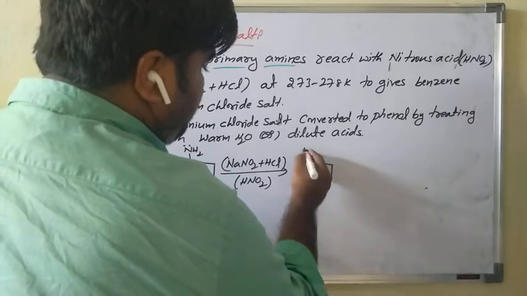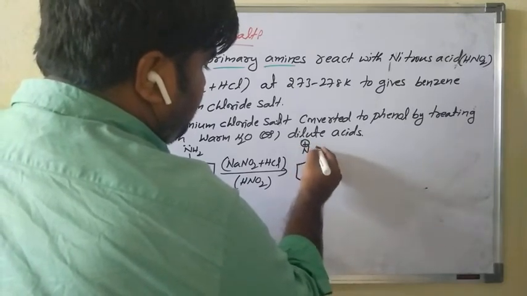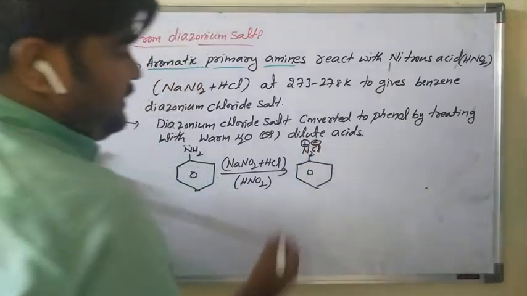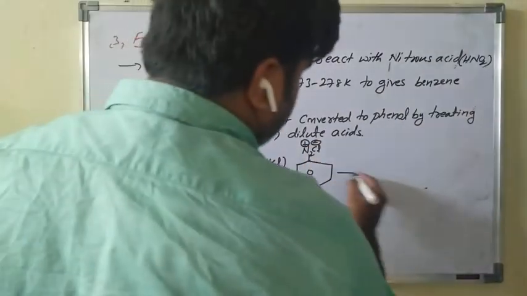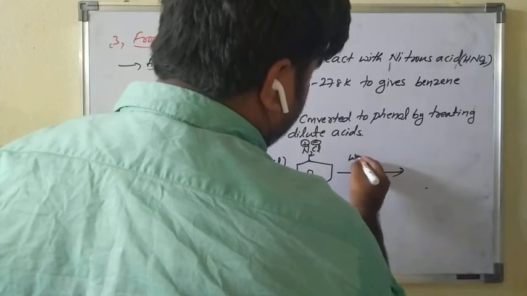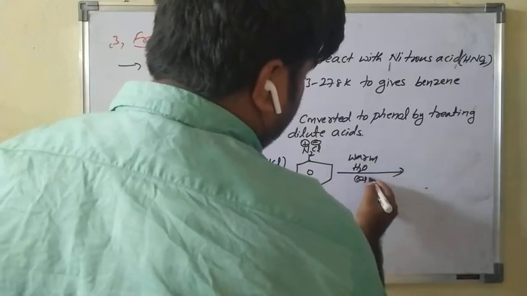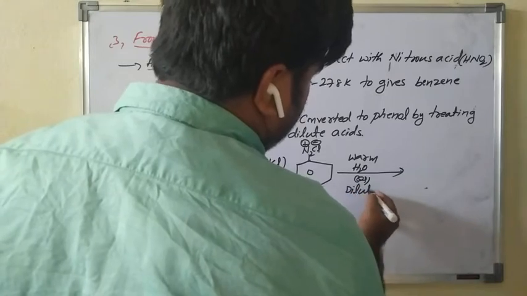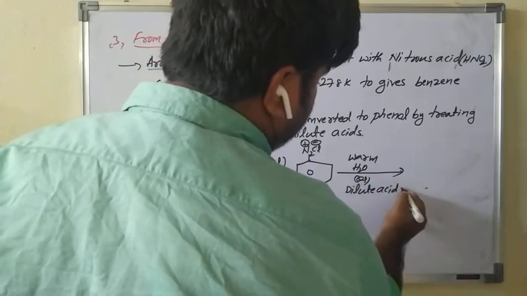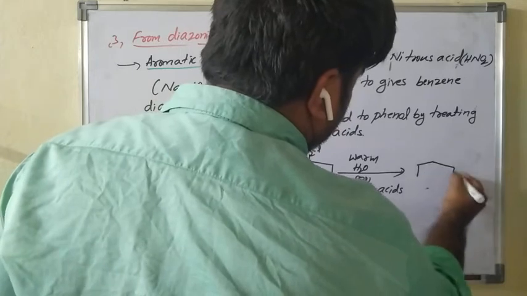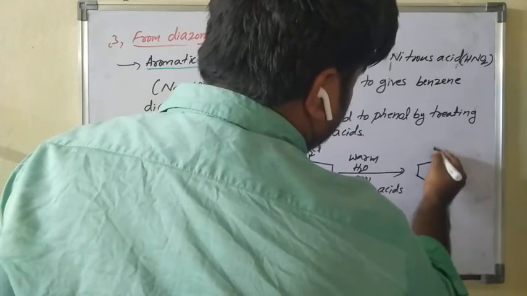Benzene diazonium chloride salt, C6H5N2+Cl-. Then with warm water or dilute acids, it produces phenol.